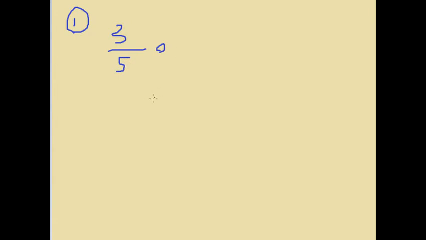But the key is not just 1, but something that resembles 1, or 3 out of 3, which is equal to 1. Or you could even do 2 out of 2. So 2 divided by 2. Or really any number, as long as the numerator and the denominator are the same. As long as that's the case, then all of these fractions are going to be equal to 1.